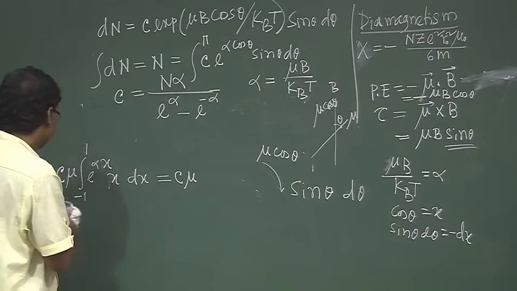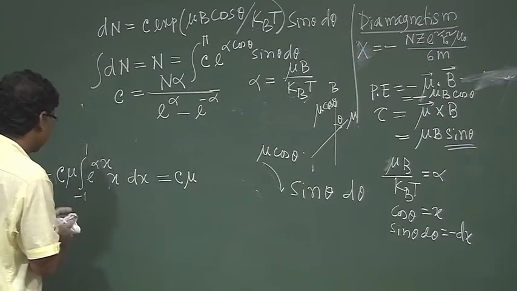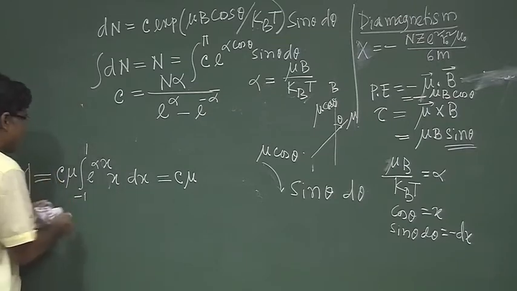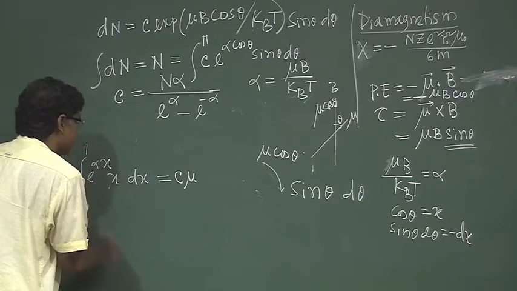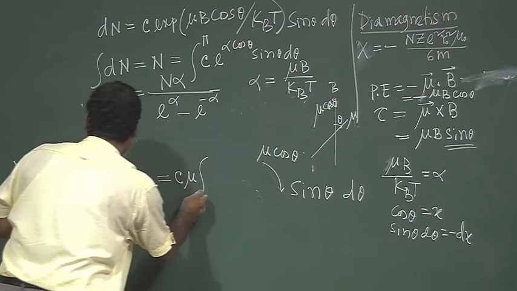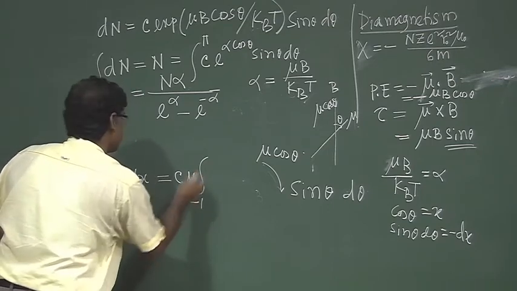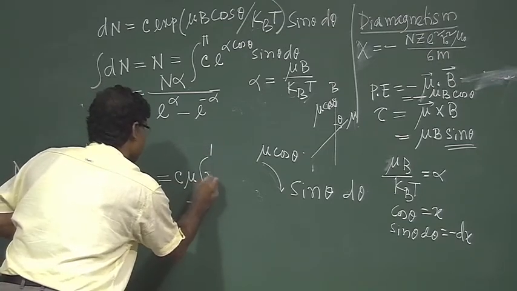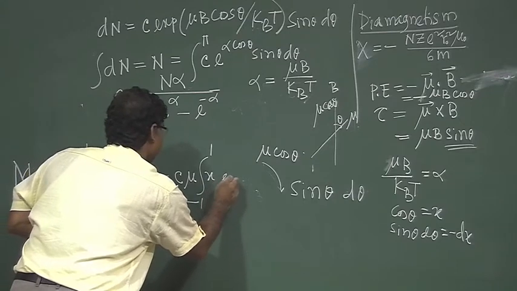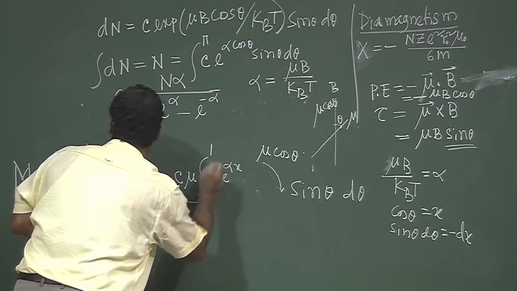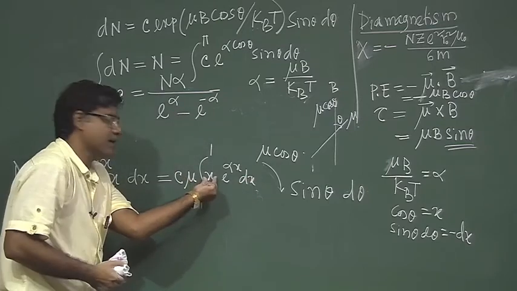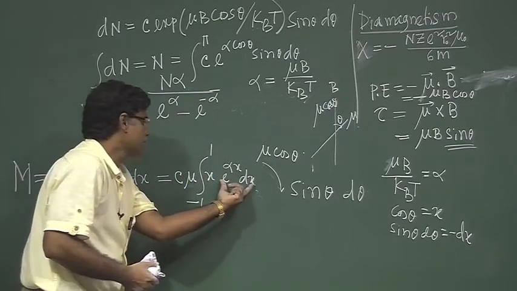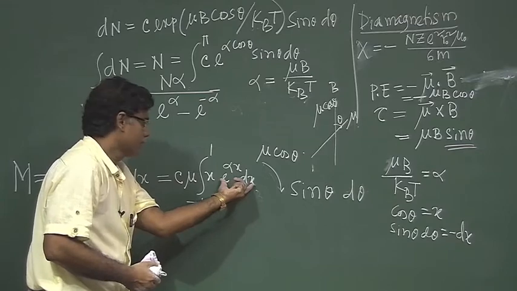So, basically x one has to consider as u. There is a procedure for doing this. So, we have the integral of x e to the power alpha x dx, where x is u and this is dv.